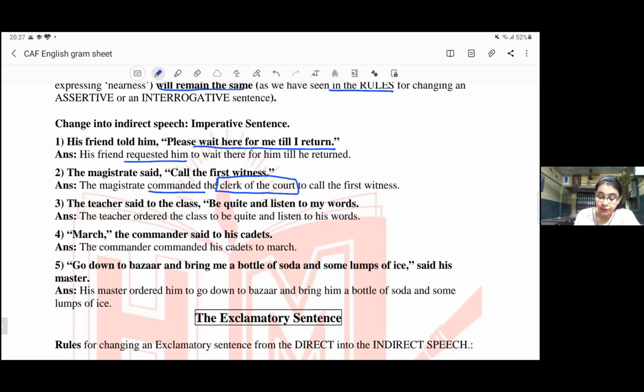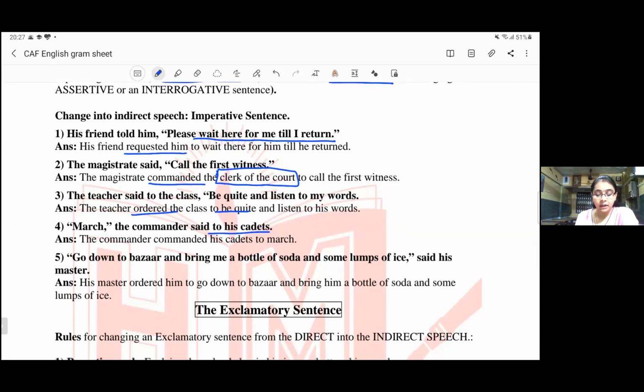Right? The teacher said to the class, "Be quiet and listen to my words." The teacher ordered the class to be quiet and listen to his words. His, or you can write her, whatever. "March," the commander said to his cadets. The commander commanded his cadets to march. Right?